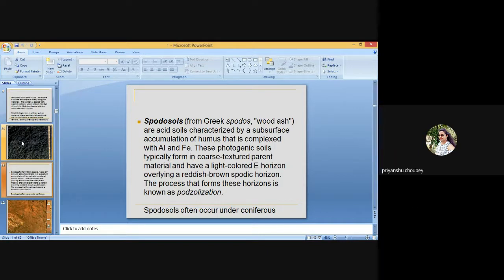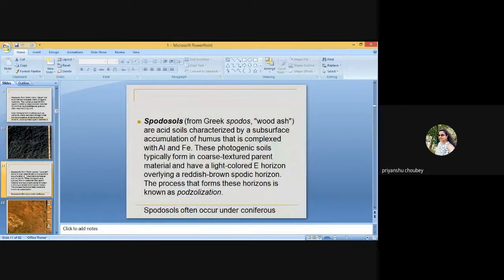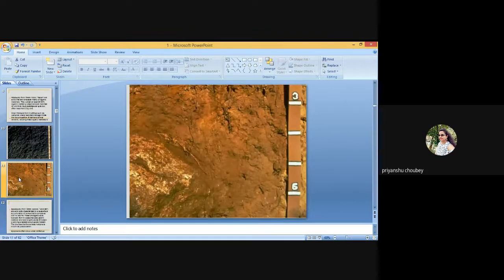These podzolic soils typically form in porous parent materials that have a slightly light-colored E horizon overlaying reddish-brown spodic horizons. The process that forms this horizon is known as podzolization. So this is a spodosol picture.